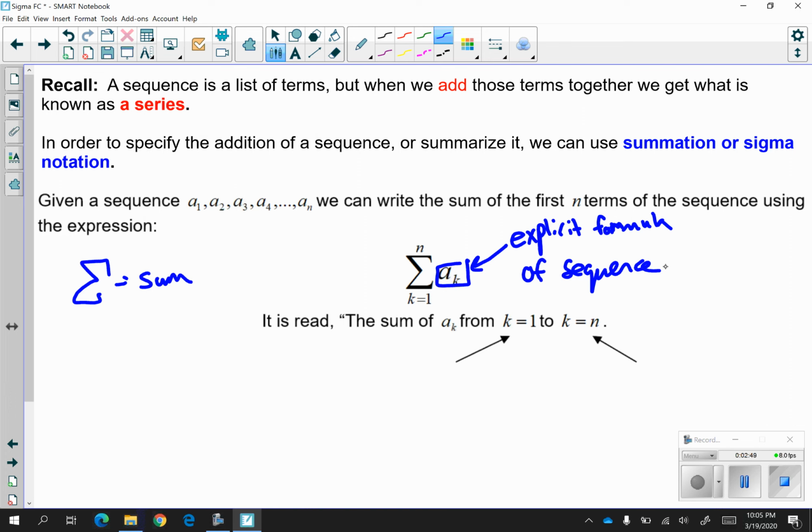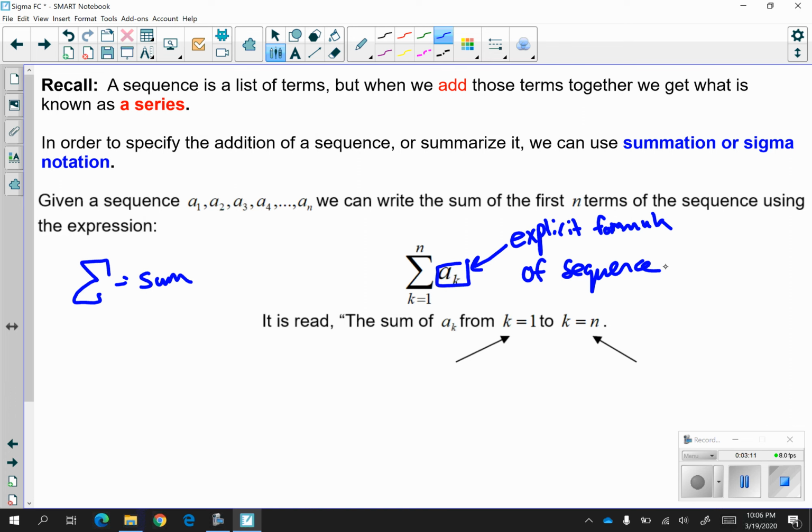So you're telling them to take the sum of this sequence, so you have to tell it what terms you want it to use. Do you want the sum of the first 5 terms? The sum of the first 10 terms? So the bottom is where you're starting from, and the top is where you're going to.